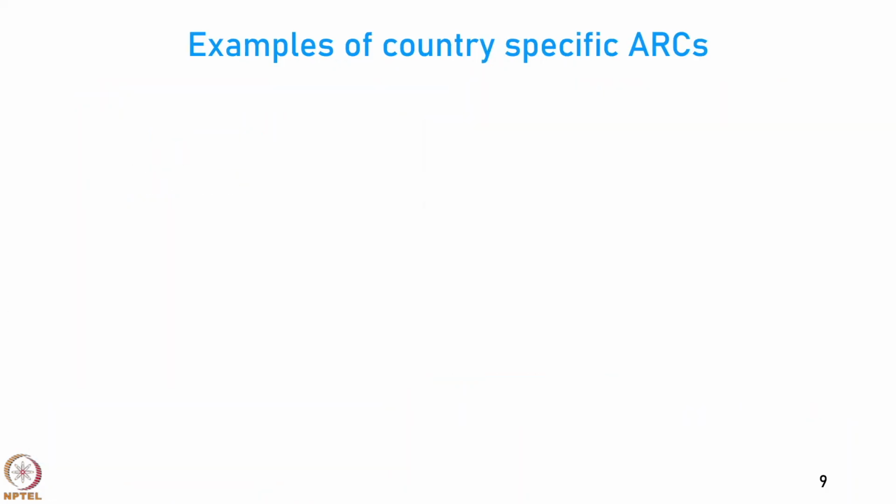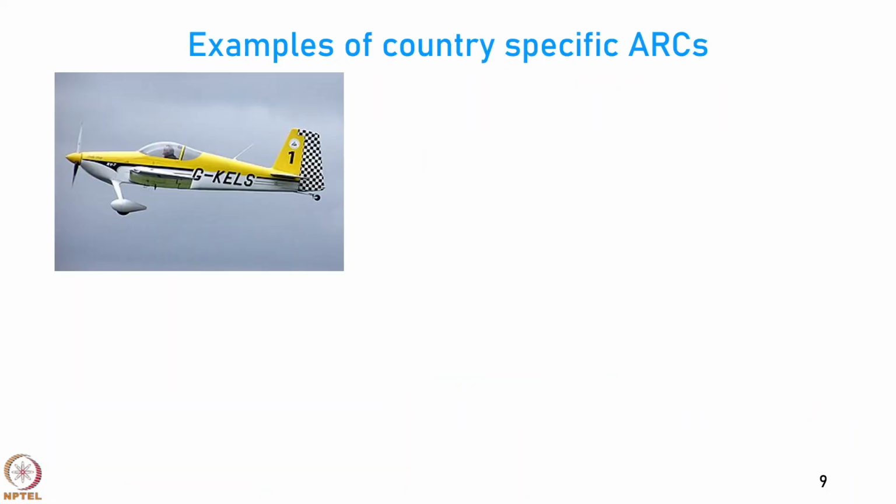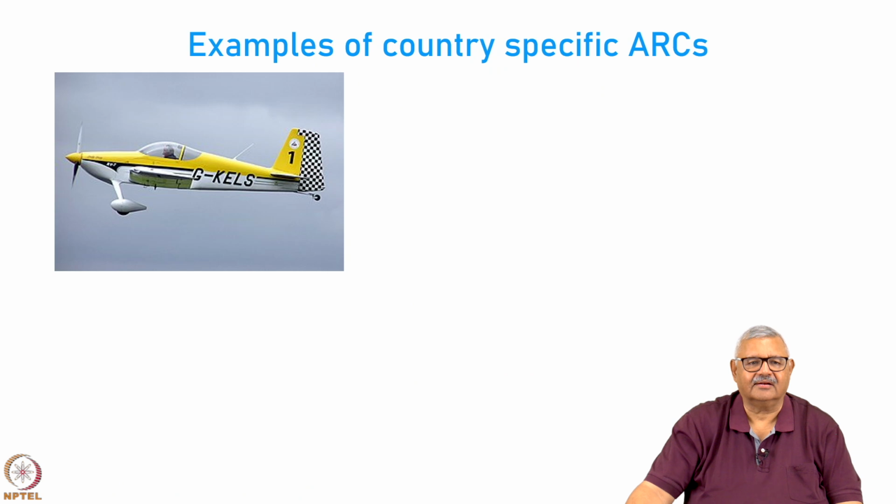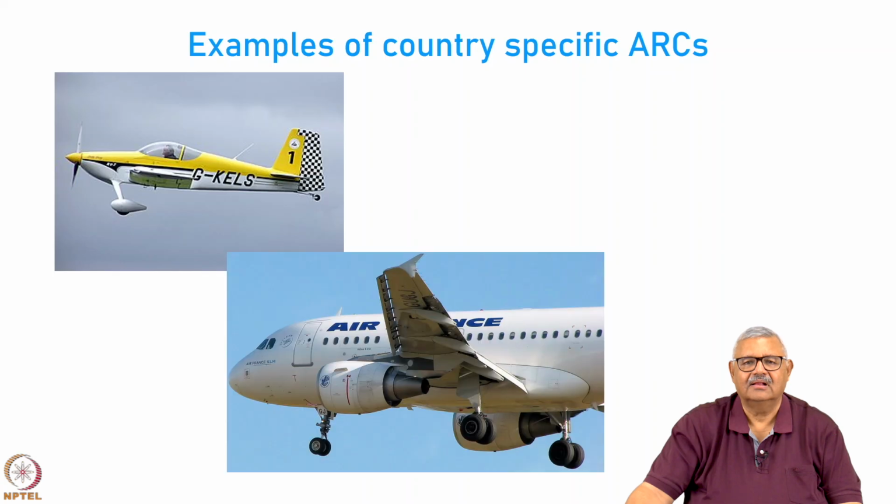Let us look at some country-specific ARCs. Here is an aircraft starting with the letter G, that means it is from Great Britain. This aircraft, if you notice below the wing, it is not very clear, but there is an F there, F-GIGJ.